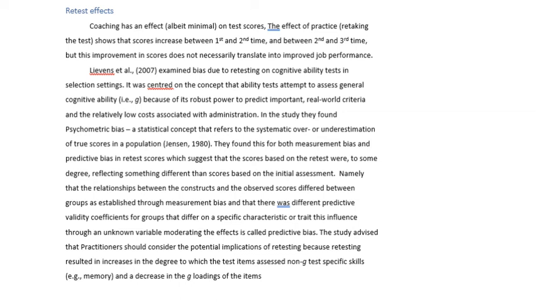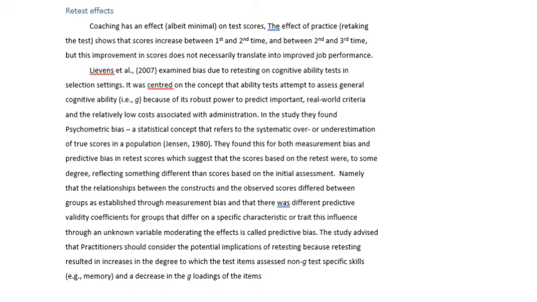In the study, Lievens et al. in 2007 found psychometric bias, a statistical concept that refers to the systematic over- or underestimation of true scores in a population, Jensen 1980. They found this for both measurement bias and predictive bias in retest scores, which suggests that the scores based on the retest were, to some degree, reflecting something different than scores based on the initial assessment.